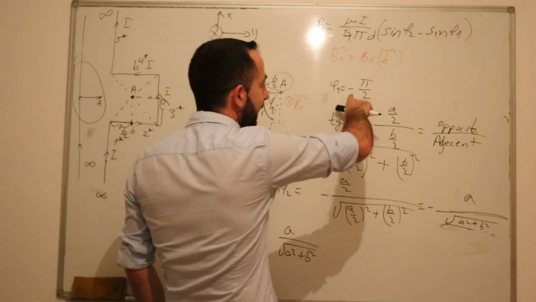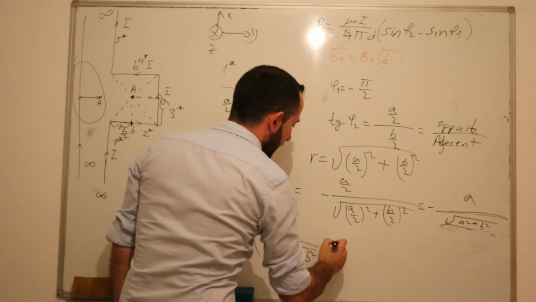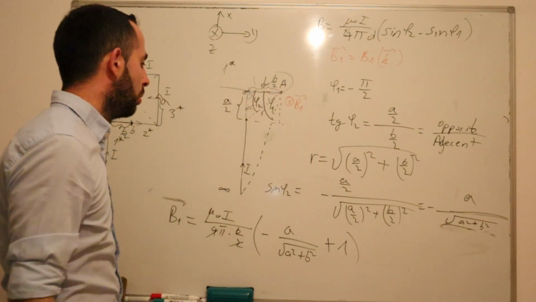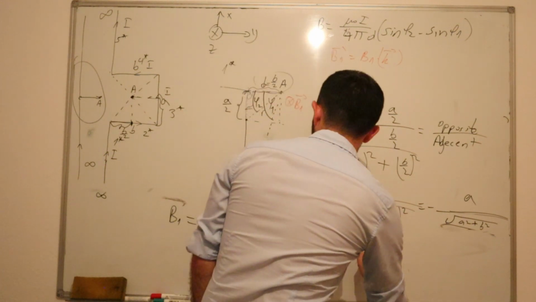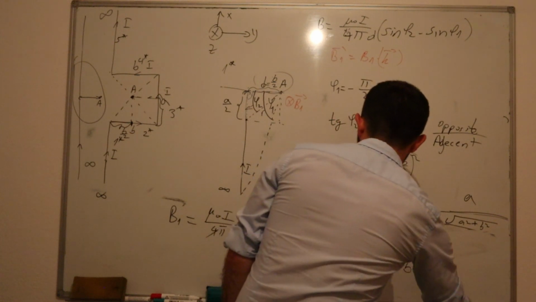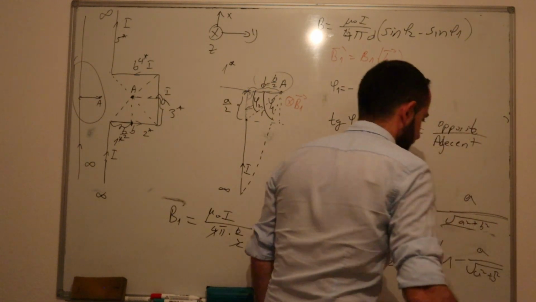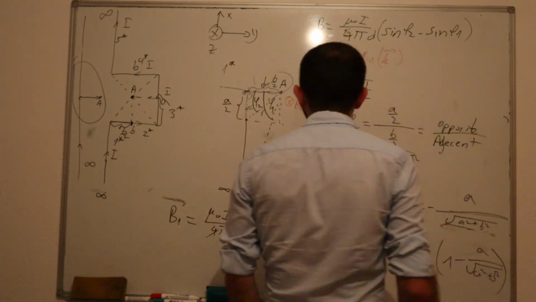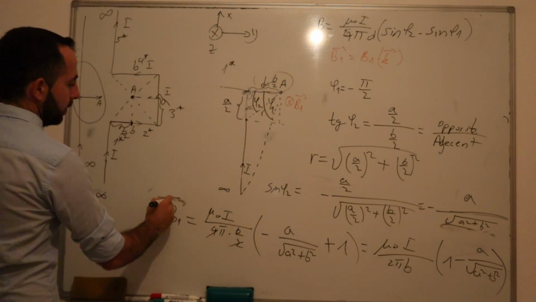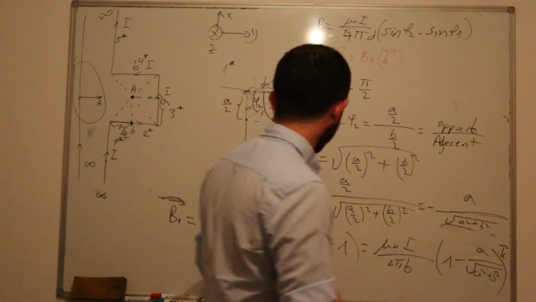Sin φ1 is negative, so that is a minus sine, and this minus will give plus, and sine of 90 degrees is 1. So we get that this is equal to μ0 I over 2π B1 minus A over... If we want to write this as a vector, we would add a vector here, times k.